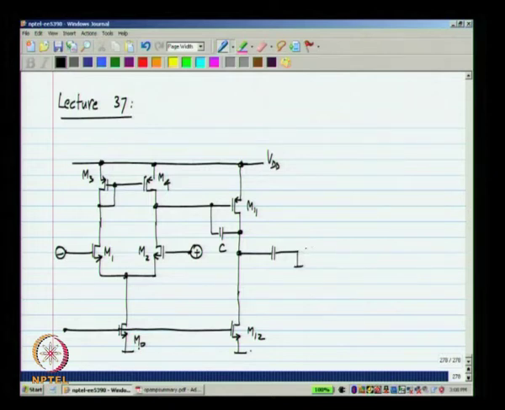If it is a resistive load, we will see later what to do with it. I will assume that there is only a capacitive load for now. And let us say the tail current of the input stage is I naught.